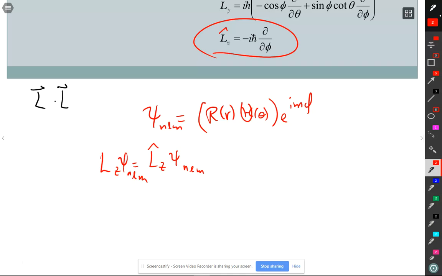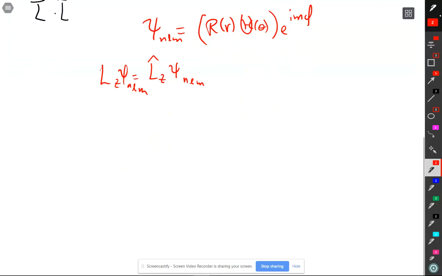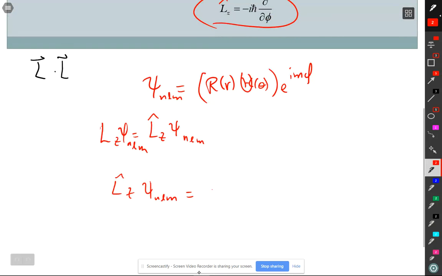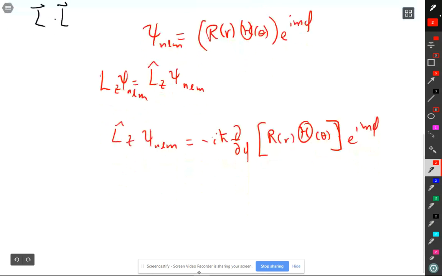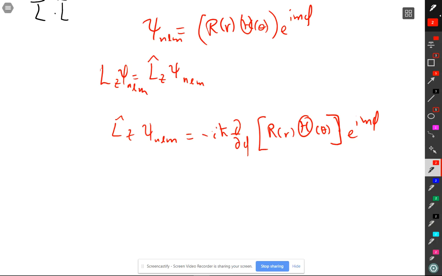So if I take this operator, which is minus i h bar d/d phi, LZ operator acting on psi n l m is equal to minus i h bar d/d phi. Well, that derivative is only acting on the term that I've written out.